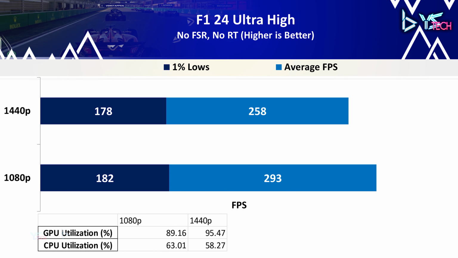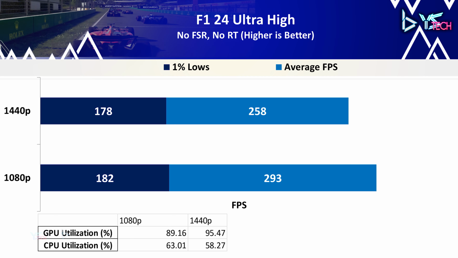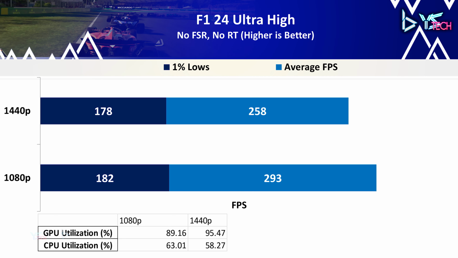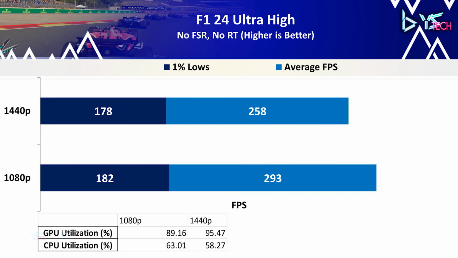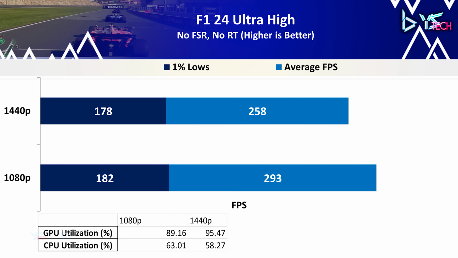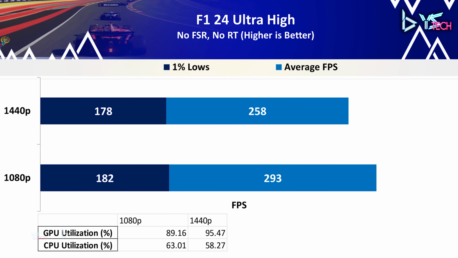In F1 24 we had a pretty strong result at 1080p being 293 FPS on average, and at 1440p it dropped to just 258 FPS on average. So around about a 12% difference. The 1% lows were pretty good though, being around about the same, so at 1080p 182 FPS on average and 178 FPS on average for 1% lows at 1440p.